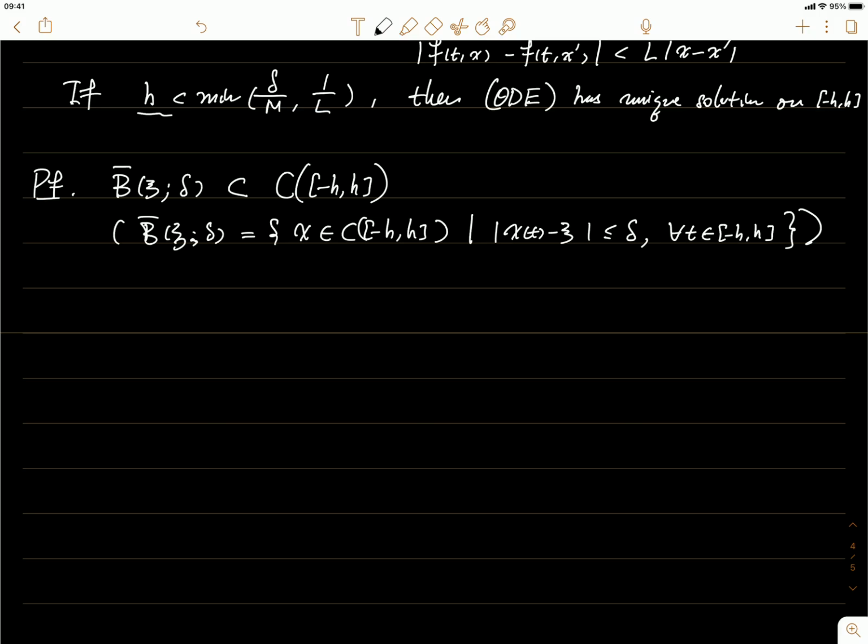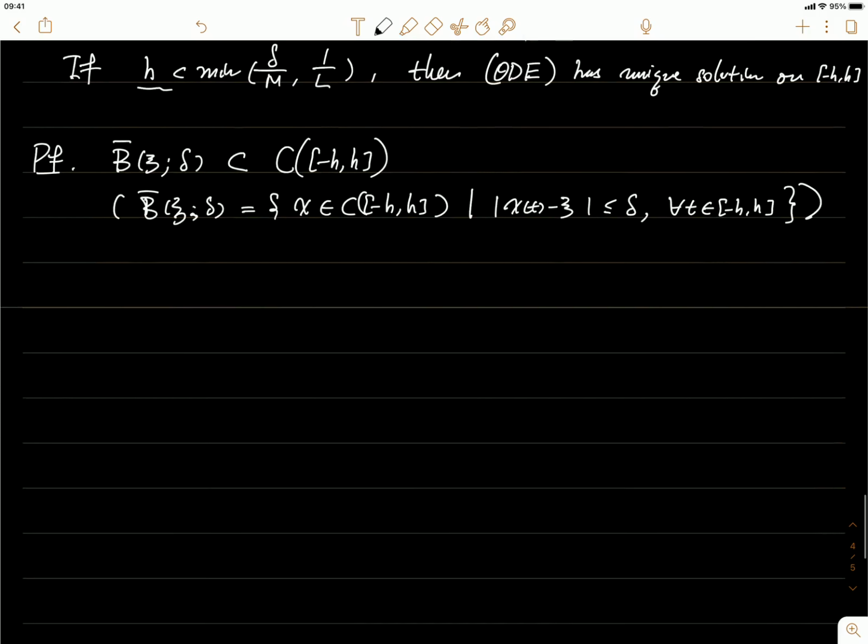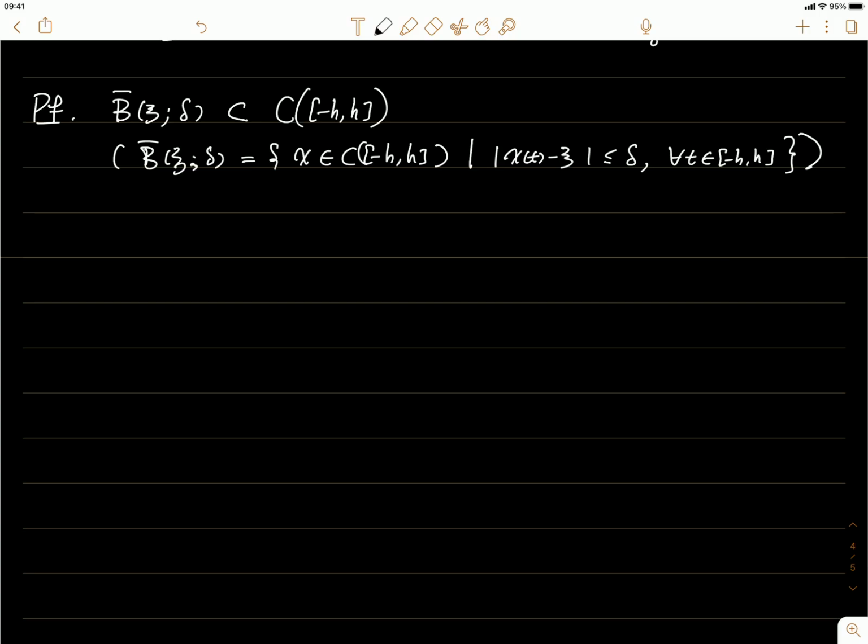Okay, so I'm going to give this notation, and then I'm going to show several things.